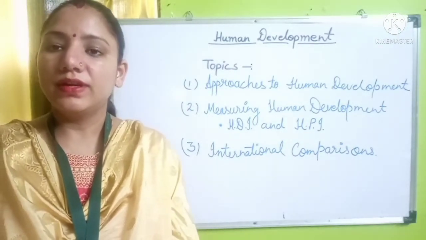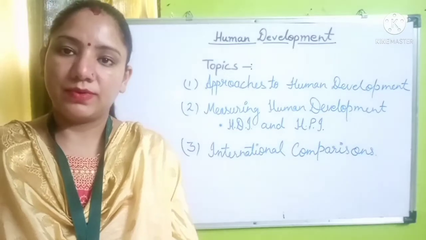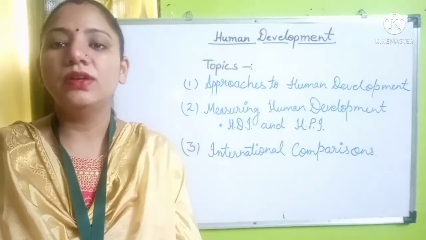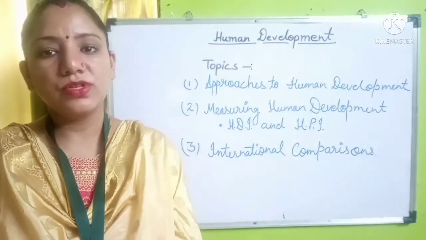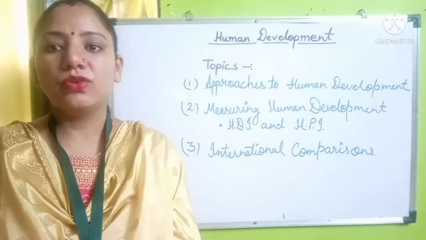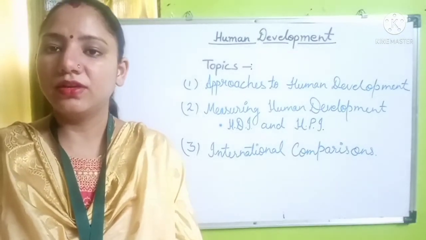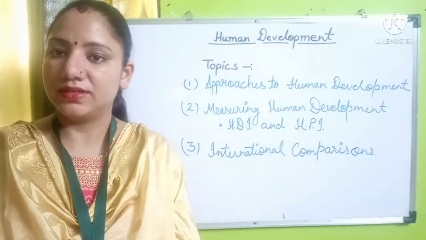Today we will cover a few more topics in the chapter Human Development, where we will study a few approaches to human development through which we can easily identify human development in various fields.